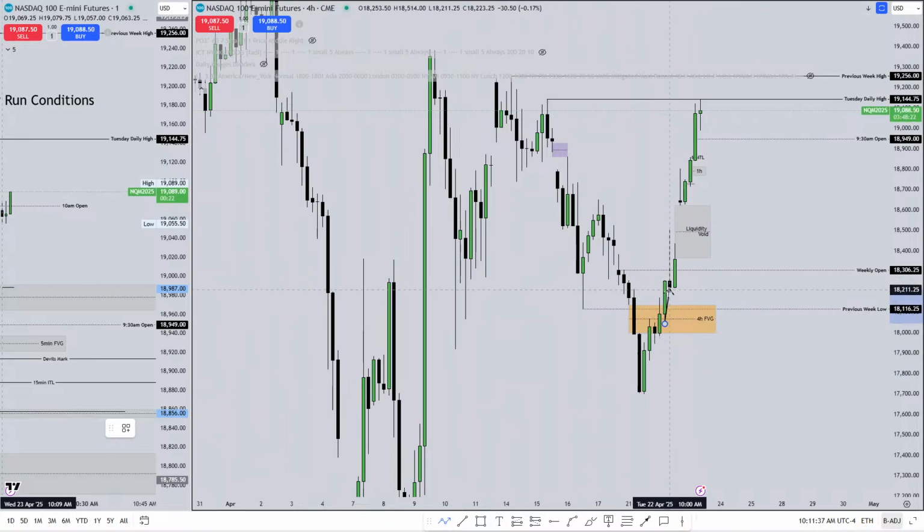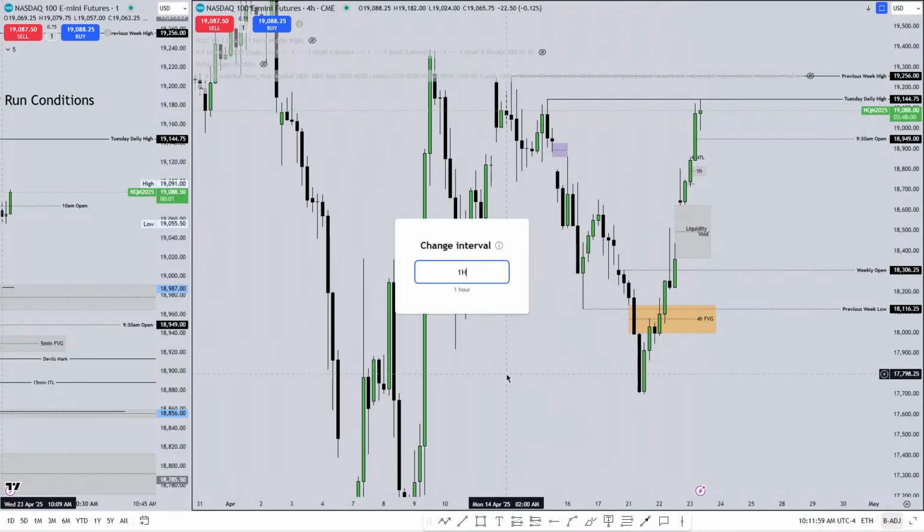We closed above this 4 hour fair value gap, still below this new week opening gap right here. That's how you can frame your bias going forward. It's like, okay, we got that close after sweeping this liquidity on the higher time frame. Now I want to start targeting higher time frame buy side arrays.